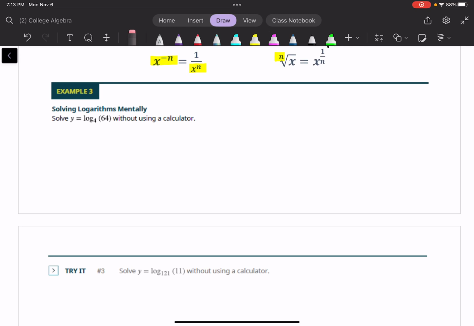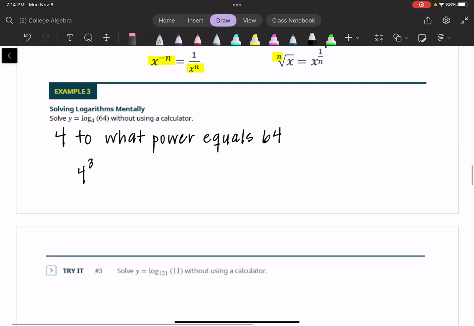So we want to ask ourselves, 4 to what power equals 64? And if you're not familiar with higher powers of the numbers, you can just try some, right? And you'll find that 4 to the 3rd power is in fact 64.